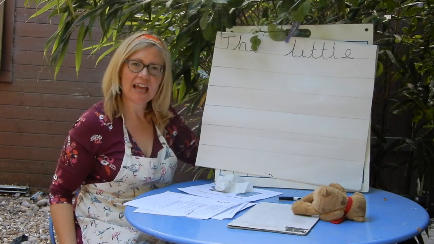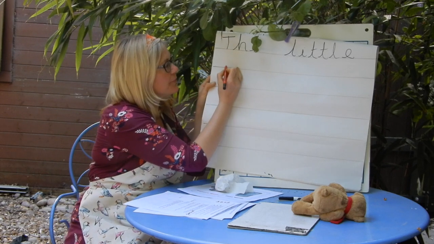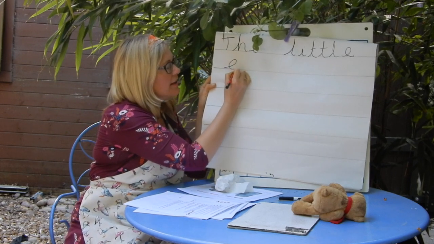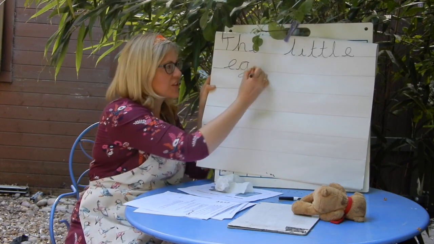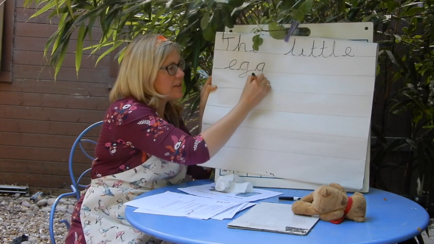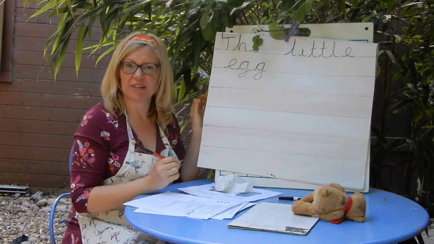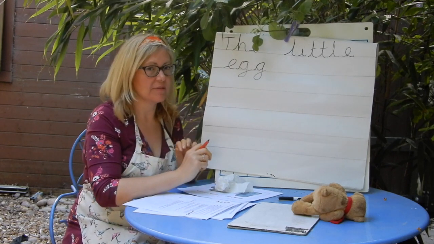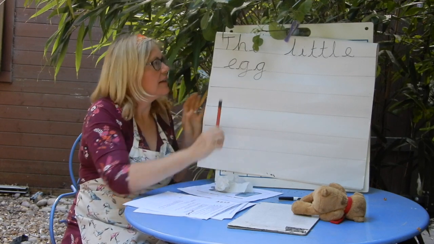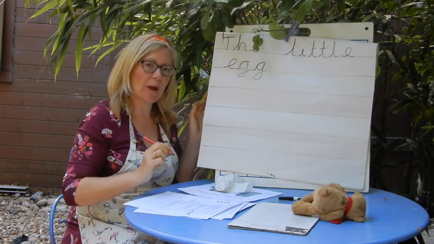The little egg. Now egg seems like it should just be E and one G. It's a little bit tricky, egg. It squeezes another G in there. But we don't say egg-G, do we? We never say I'll have a boiled egg-G. It just makes the one G sound, but it has two letters. Okay? So the little egg went.